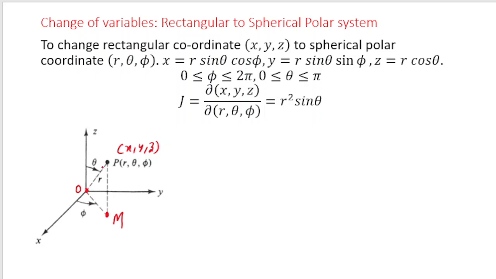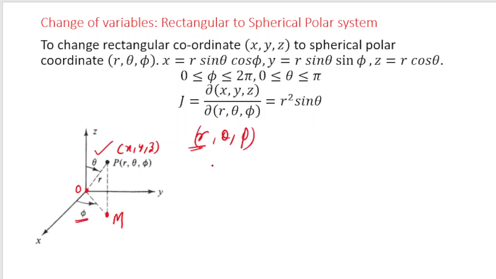The length of this line right now I am calling R. And then this line will make some angle with the z axis. So that angle I am calling theta. And if I drop the perpendicular from the point P in the xy plane, that is the point M, and if I join O and M, this OM will make an angle phi with the x-axis. So I am calling these r, theta and phi.